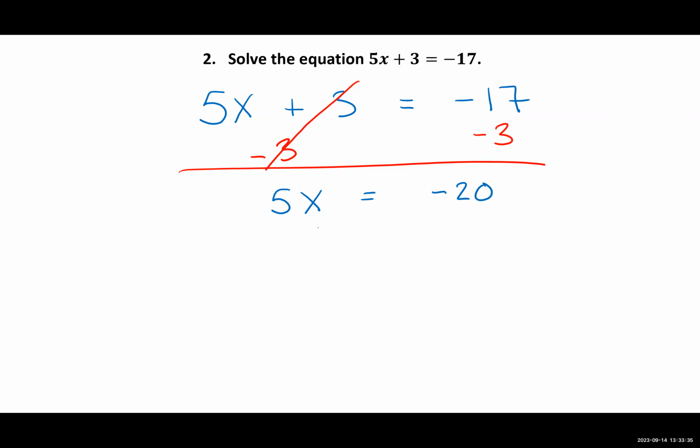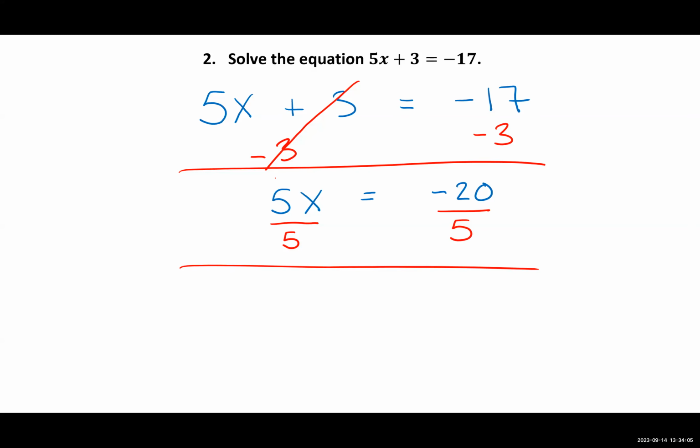And now we have one more step. We have 5 times x. We want x by itself. So eliminate the times 5 by dividing by 5. Notice I'm drawing a nice horizontal line to separate my steps. It's not required, but it helps me visually keep my work neat and organized. Whatever we do to the left, we have to do to the right.